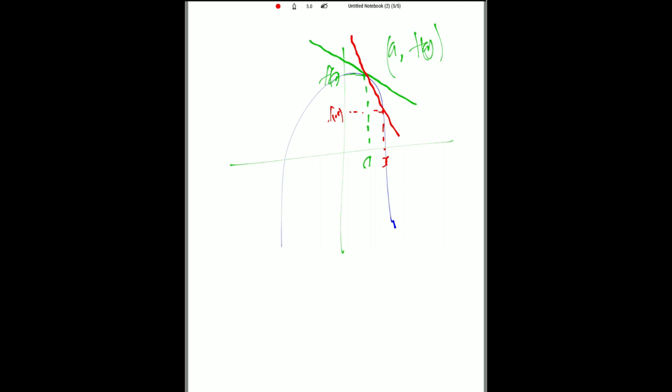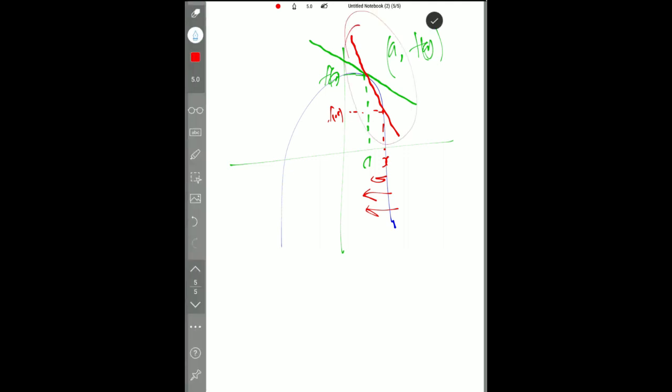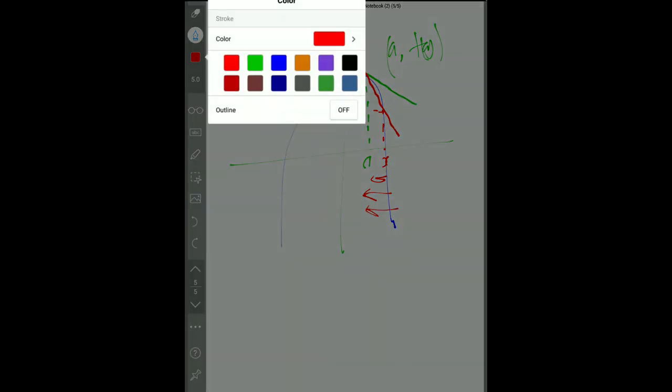Now, what we're going to do is carry x closer and closer and closer to a by bringing up this line right here. So how exactly are we going to do that? Let's see.